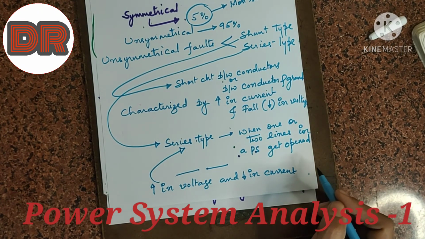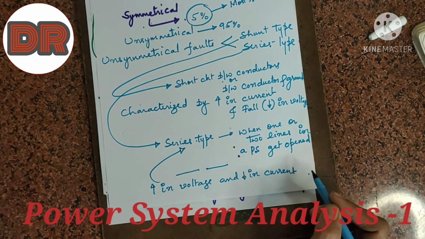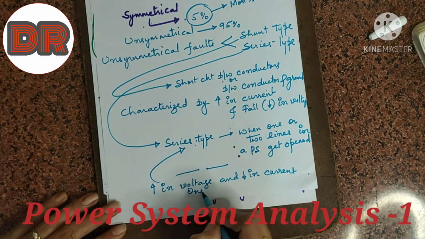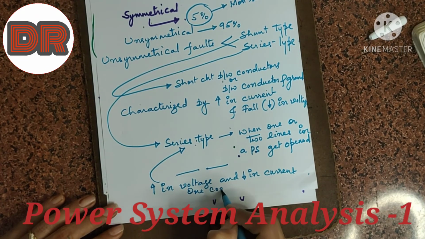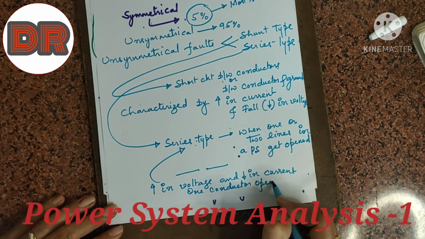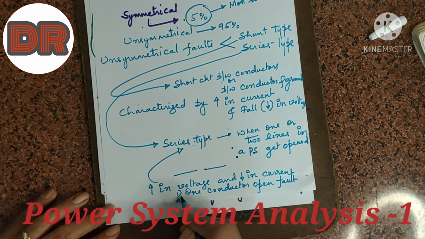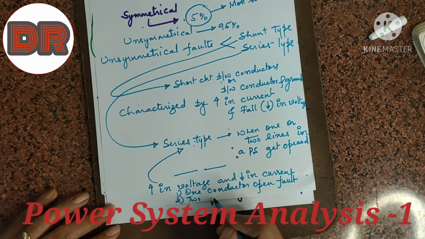So these are the different types of faults, and also under series type we have one conductor open fault, and second one is two conductor open fault.